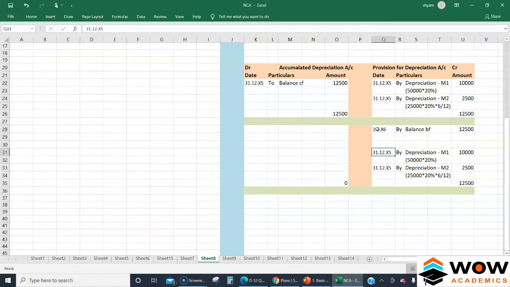On 1/7/16, we have to provide depreciation on the first machine, and only for 6 months.